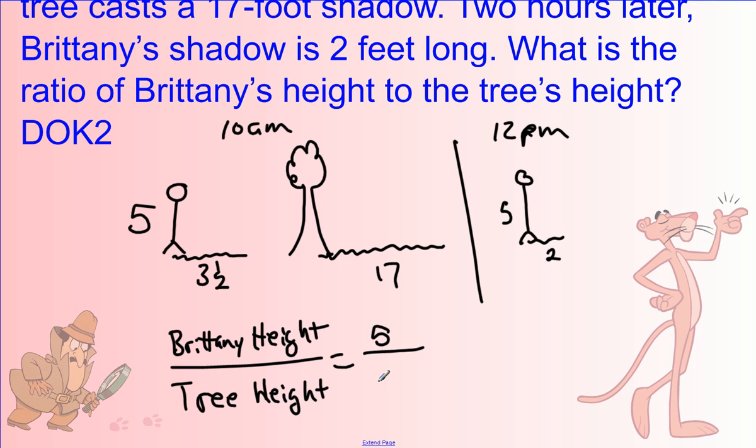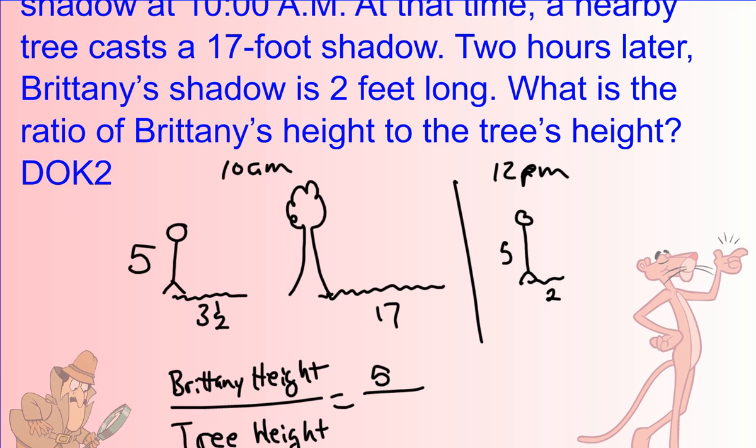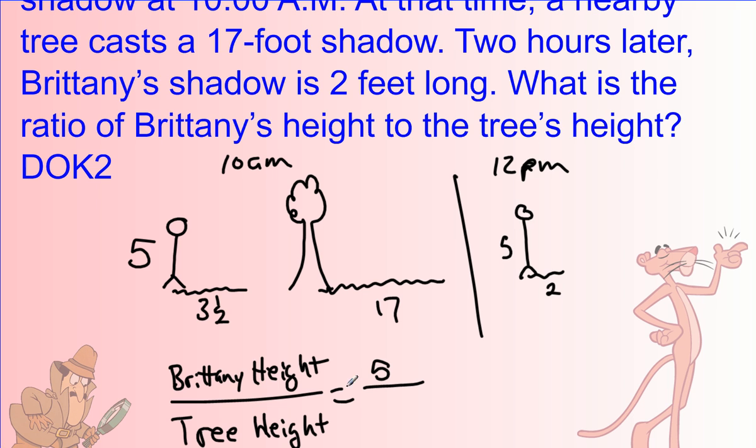If the tree, play pretend here, don't write it down, if the tree was, say, 8 feet tall, then the ratio would be 5 over 8. Now, the tree's not 8 feet tall. We have to find how tall this tree is. So we're going to use all this other information they gave us to find the height of the tree, because that's what would give us our final answer, the ratio of Brittany's height to the tree's height.